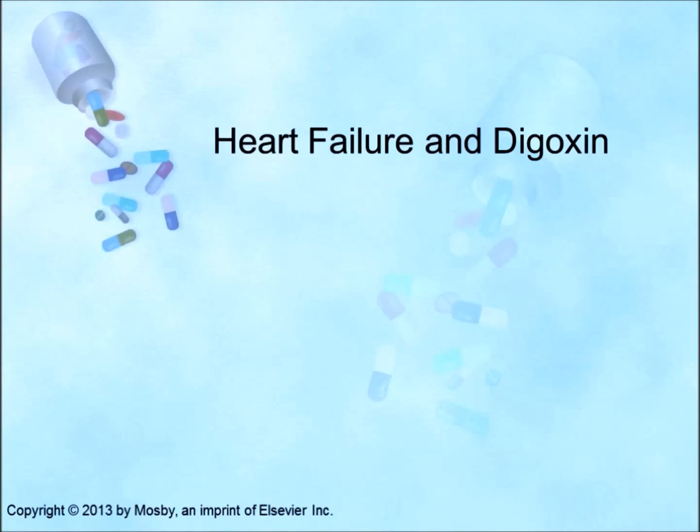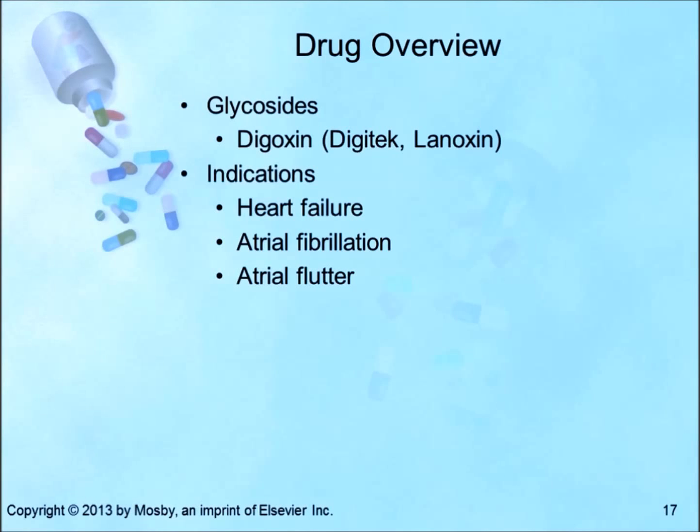So now we're going to move on to look at heart failure and digoxin. One of the oldest and most widely prescribed primary care medications is the glycoside digoxin. The principal indication for digoxin is heart failure.